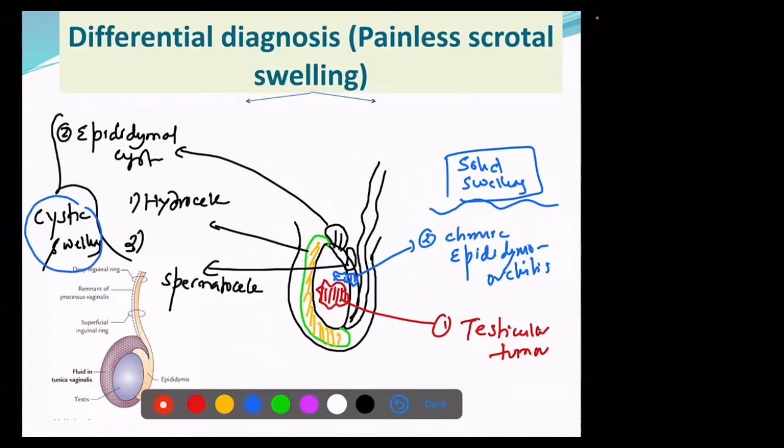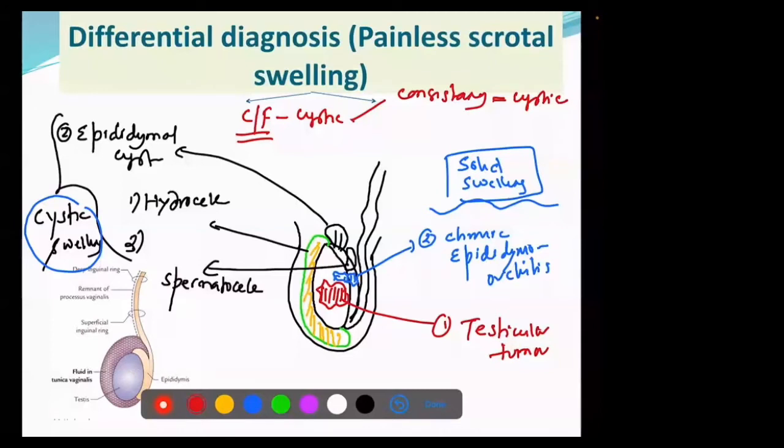So how to know whether it is cystic or solid? Obviously, by clinical examination. In cystic swelling, the consistency, the feeling, is cystic, just like feeling a balloon filled with water.